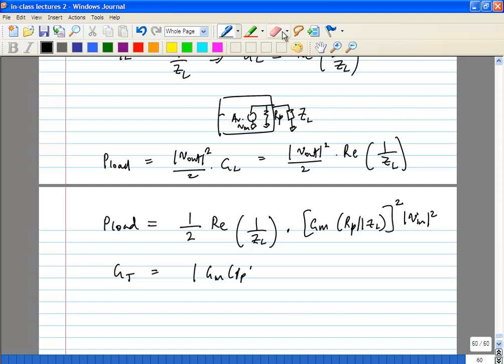Oops, sorry. Actually, this should be mod, because ZL is actually imaginary, right? Okay. This is your transducer gain, and this is true for any 2-port, which has some certain gains and so on.